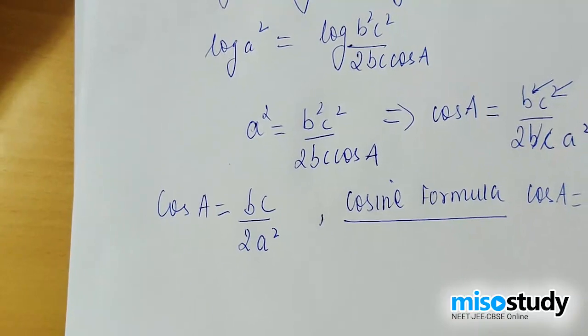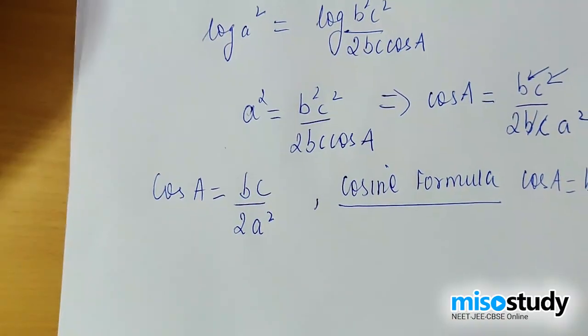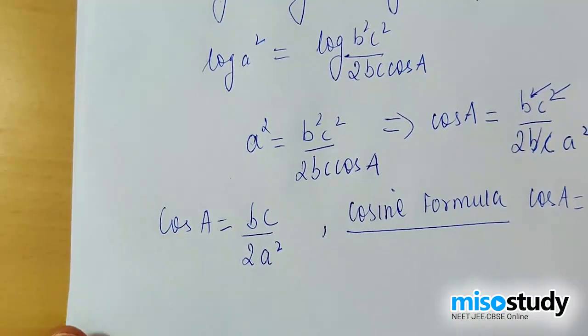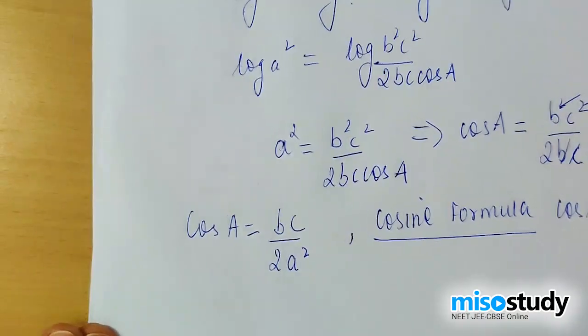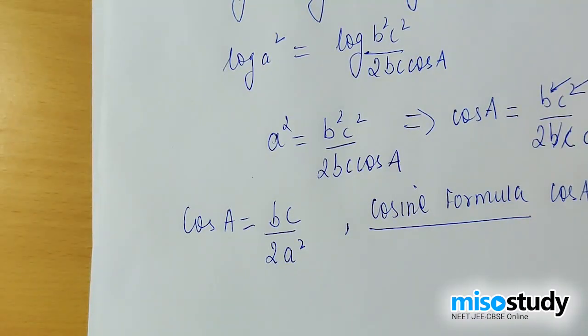Because if a equal to b equal to c, I will have my triangle to be equilateral. If two sides are equal, I'll have my triangle to be isosceles. If none of the sides are equal, it's scalene, and for right angle I will have a square plus b square equal to c square, that is the Pythagoras theorem would be true.